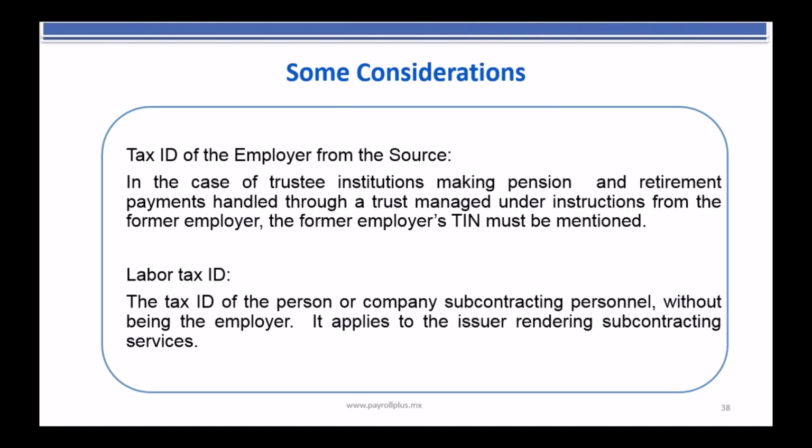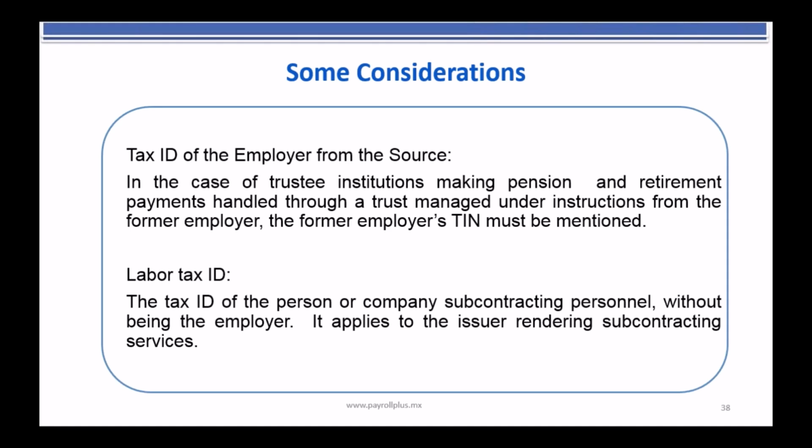In case of trustee institutions making pension and retirement payments handled through a trust, the former employer's tax ID must be mentioned. This is in case of pension payments, and is just to indicate the former employers, so it is not understood that the trustee is the employer of such persons.